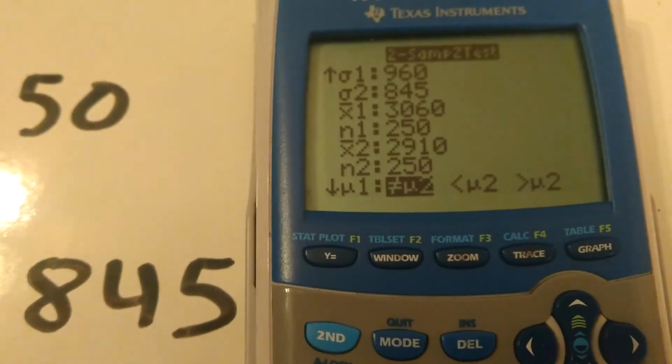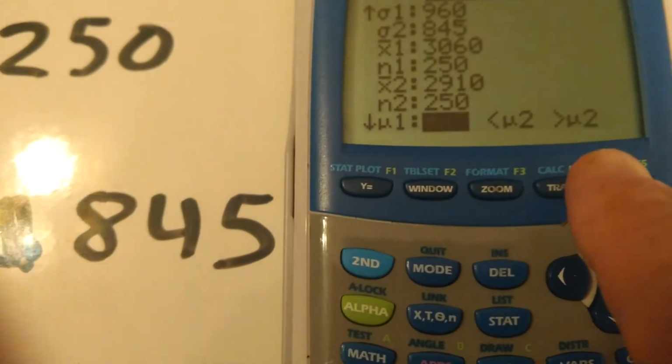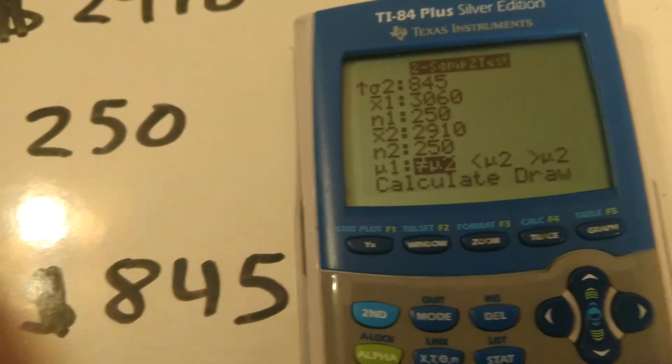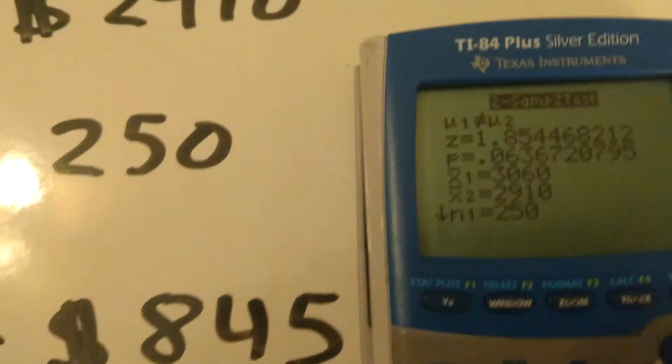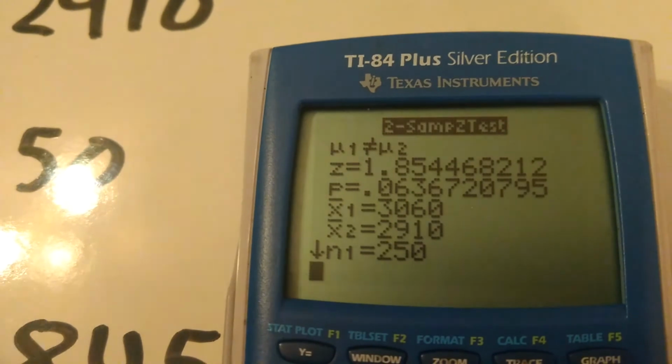Now, remember that these three right here are the alternative hypothesis. All our alternative hypotheses are not equal to, so that's where we're going to press not equal to. We come down, hit Calculate, and bingo, we got our p-value of 0.064.